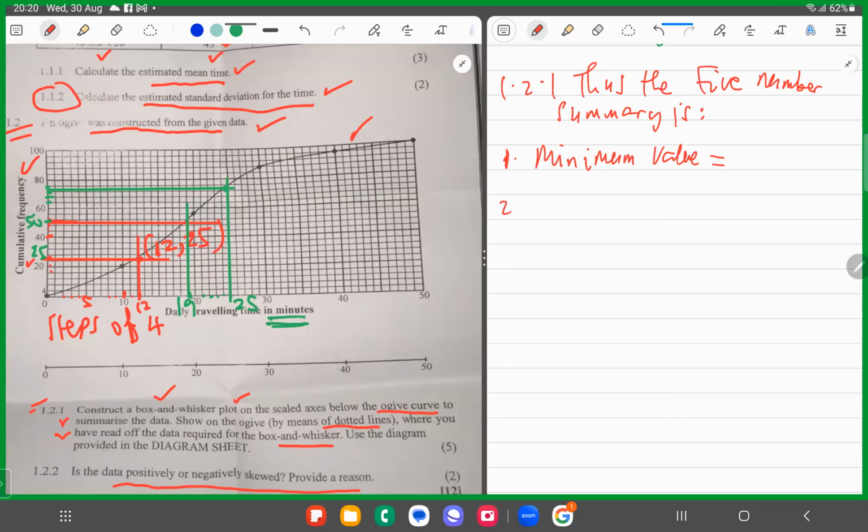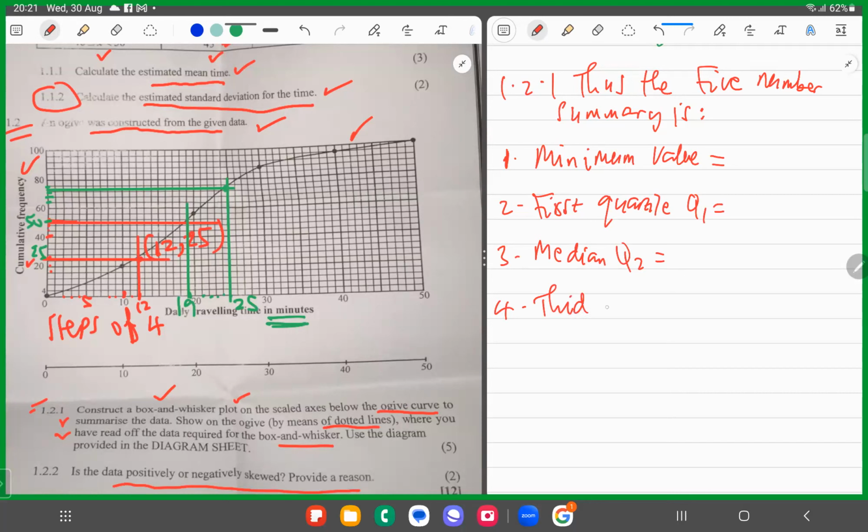And then 2 is the first quartile. 3, the median, is also called Q2. 4, we saw the formula for the median for grouped data.